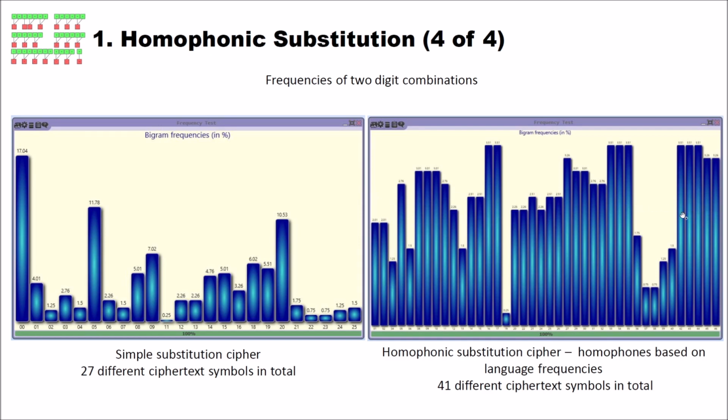That makes these harder to analyze, because in a perfect world, we would have all frequencies at the same probability or at the same level. It would not be a perfectly secure, but a very secure cipher, because it's very difficult then to distinguish these homophones.